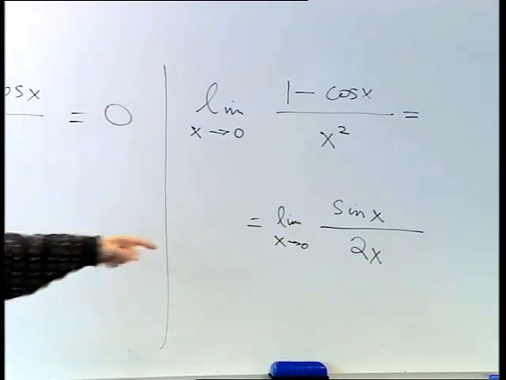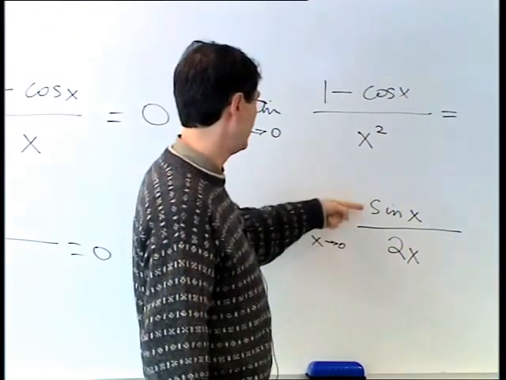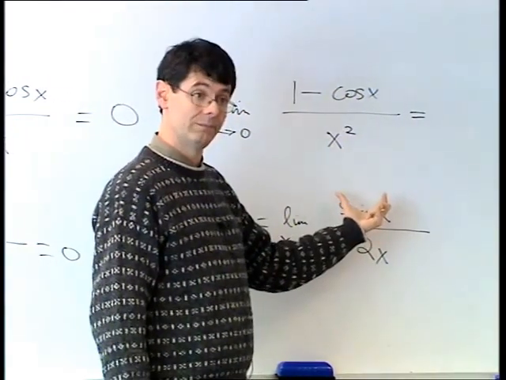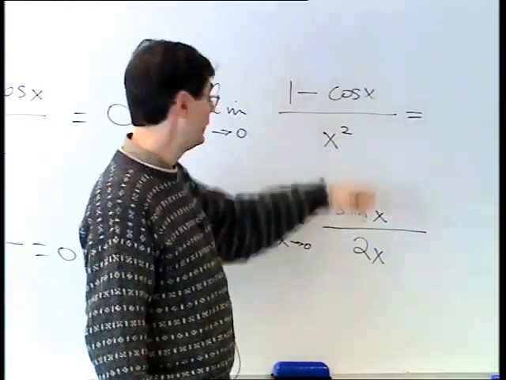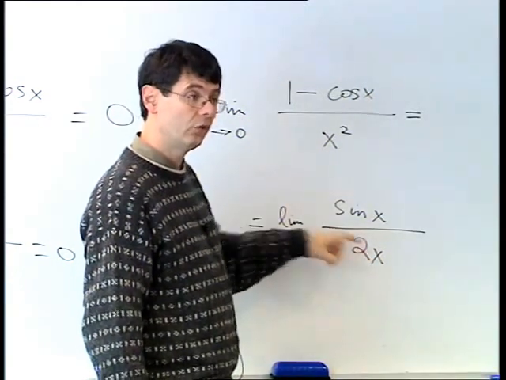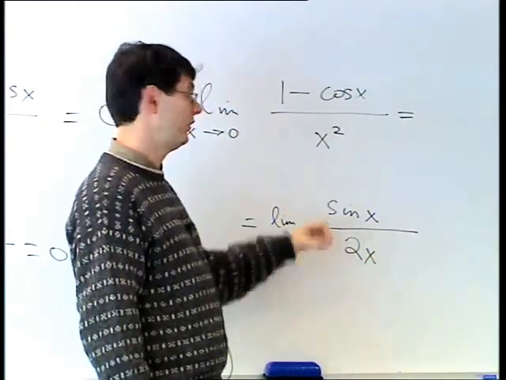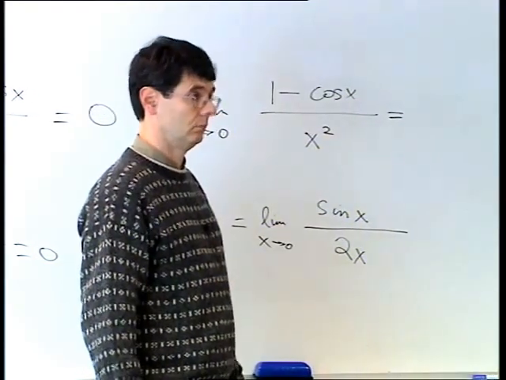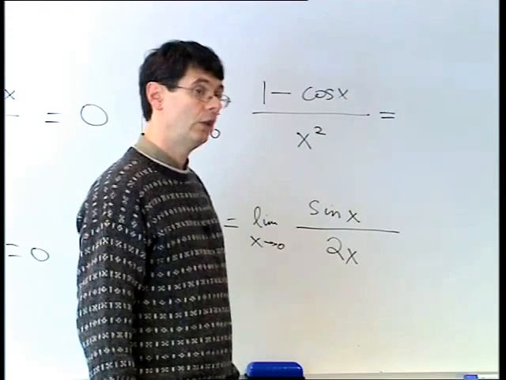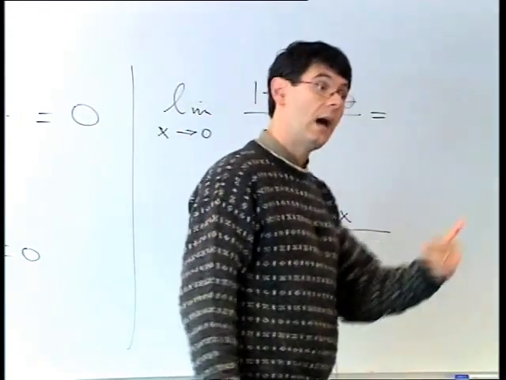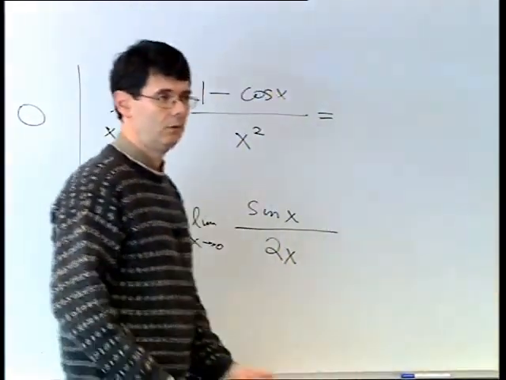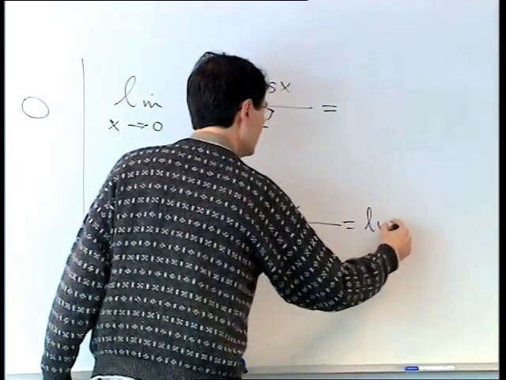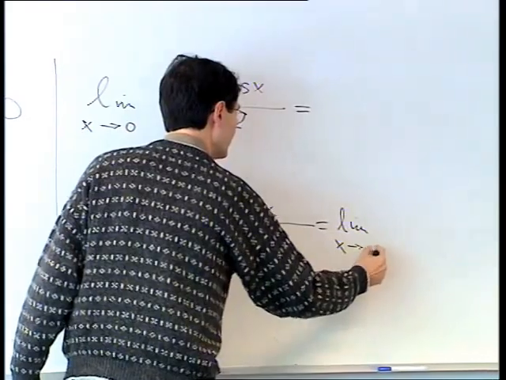Take a look at that. x is going to 0. Sine x is going to sine of 0, which is 0. So the numerator is going to 0. The denominator is going to 2x, which is 2 times 0. So it's 0 divided by 0 still. All right? So you can use L'Hopital's rule again, 2 times in a row. Limit when x goes to 0.